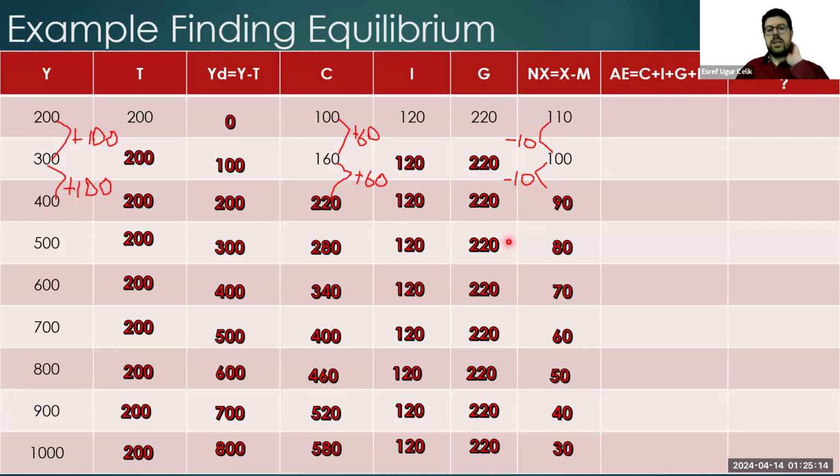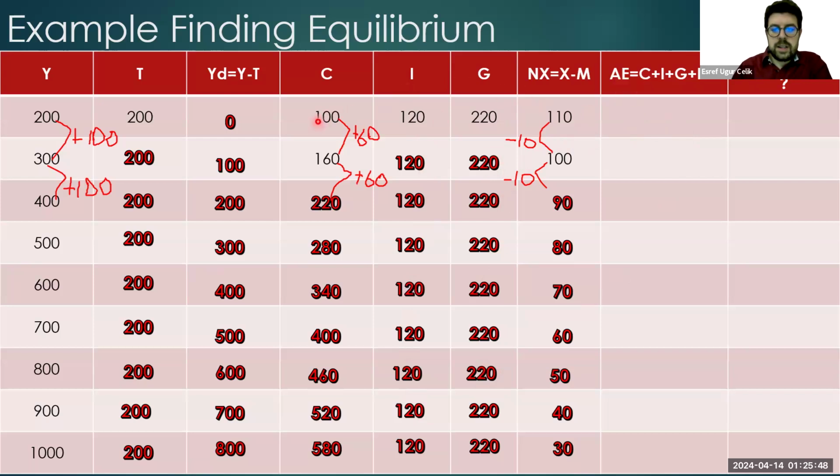Then let's come to the easy part. Aggregate expenditure is consumption plus planned investment plus government expenditure plus net export. In that question, even if you don't know anything, you are still able to solve it by using these mechanisms of changes of income. But you should know these parts are autonomous.